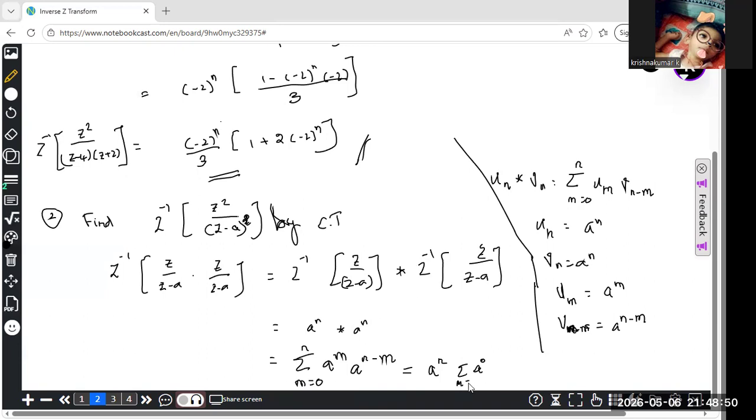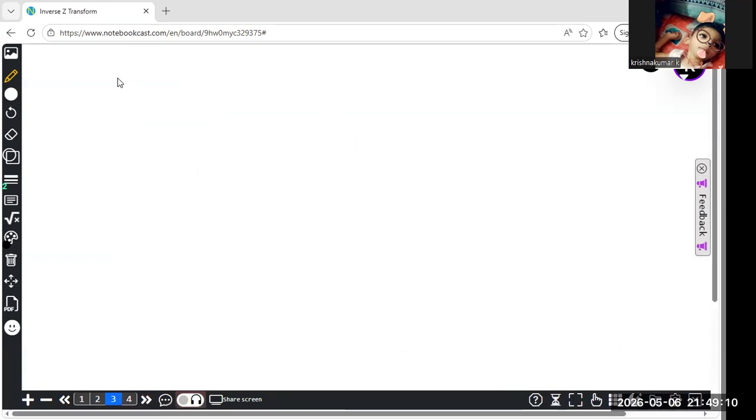But here m starts from 0 to n only. First you write these things, m minus m only, instead of the 0 you write this one. Next, just look at this. Here we have a power n summation m equal to 0 to n, and here we have a power m minus m.